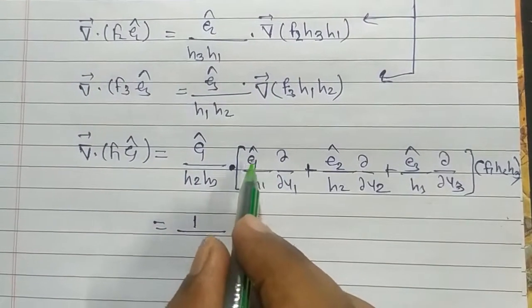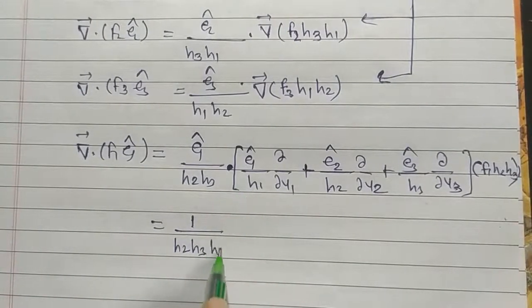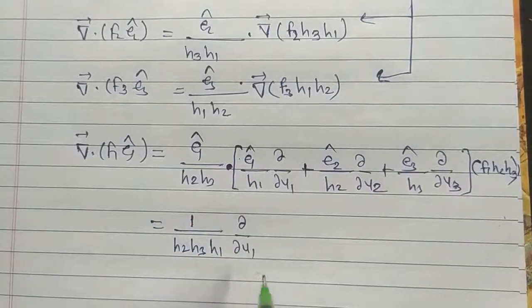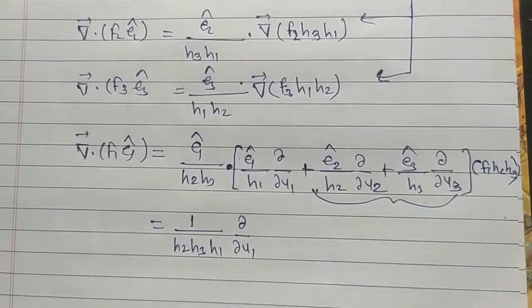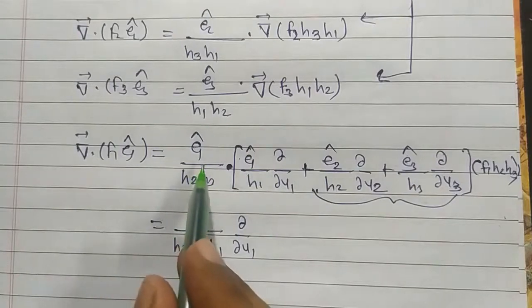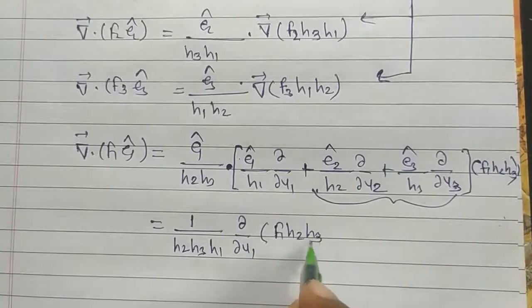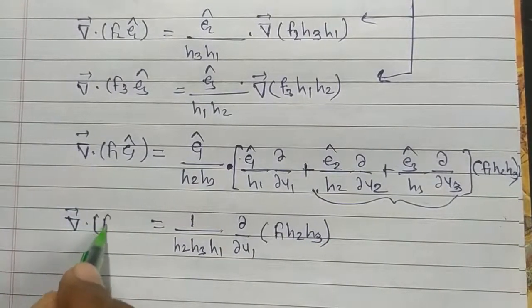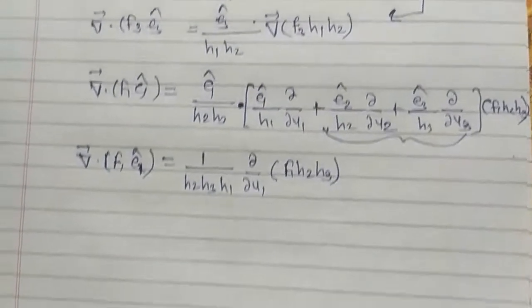Then it will be h2 h3 and then h1, so e1 cap will not be there, ∂/∂u1, and these two terms will not come because our first vector does not contain e2 and e3, and then it will be operating on this f1 h2 h3. So I wrote it for the first term. Similarly, we can obtain for the second term and third term.